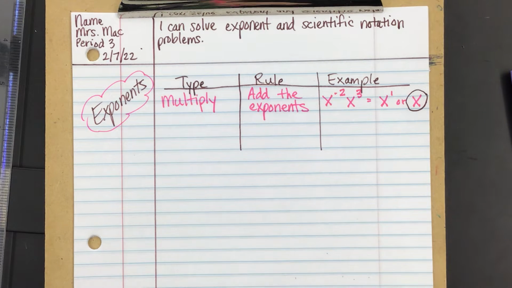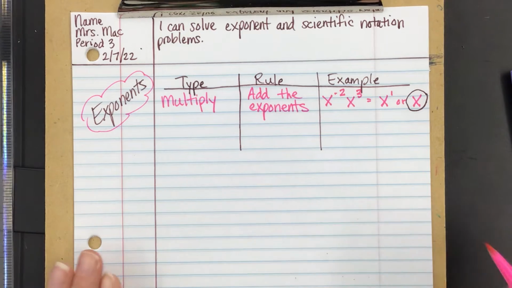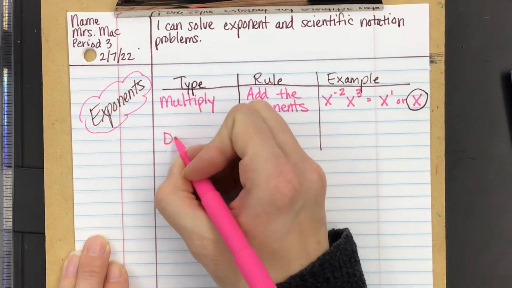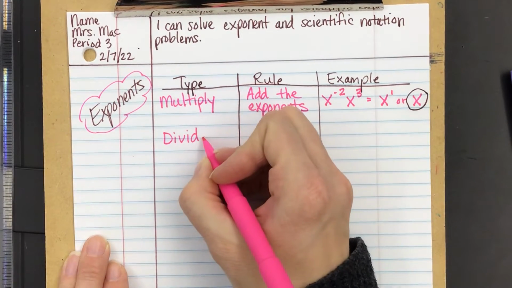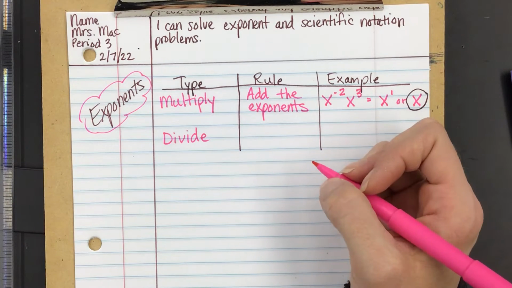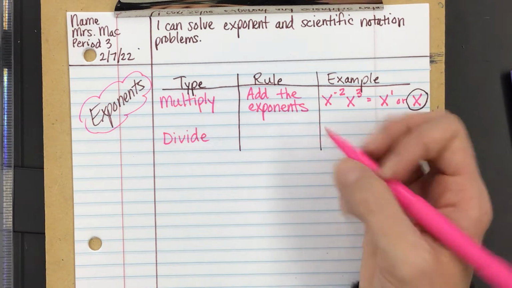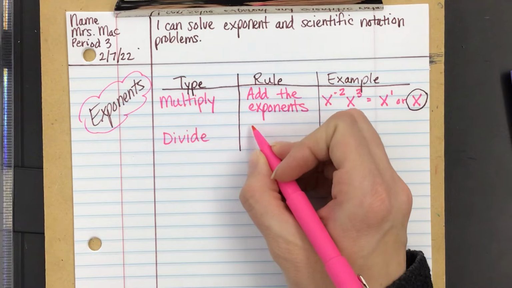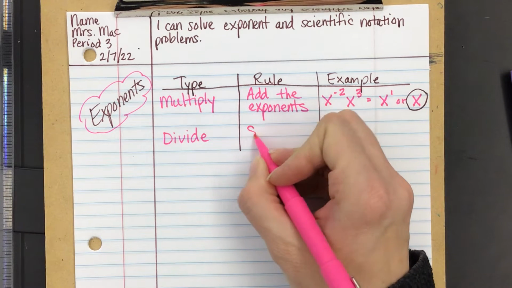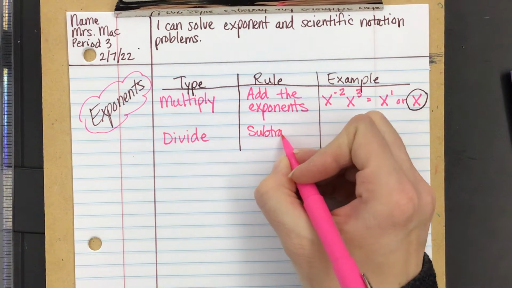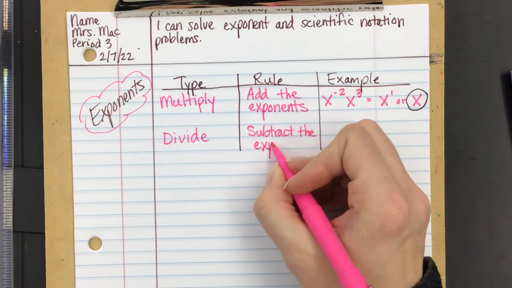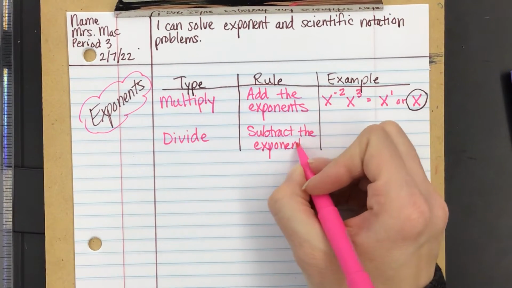The next type of exponent problem that you're going to see is dividing. In that case, we subtract the exponents. So assuming that we're dividing exponents that have the same base, we're going to subtract the exponents, or the power, whatever you want to say.